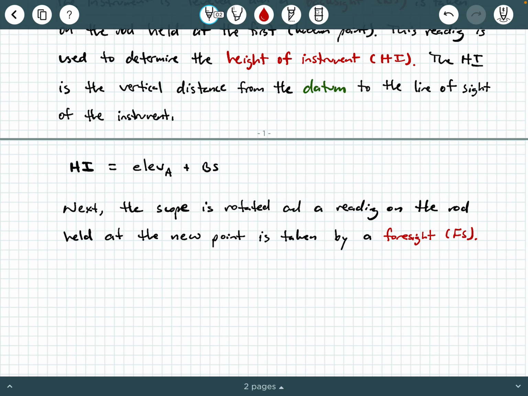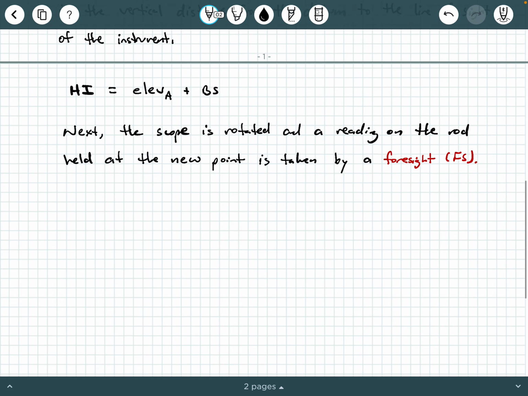Now, to obtain the elevation of this new point, we do the following. We're going to say to determine the elevation of the new point, we do the following.